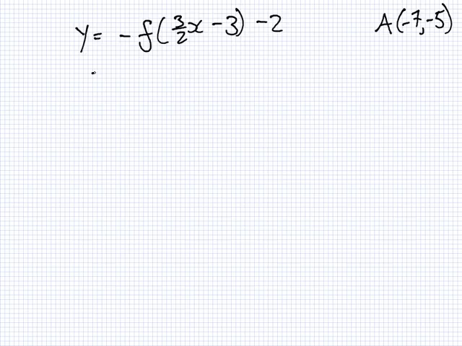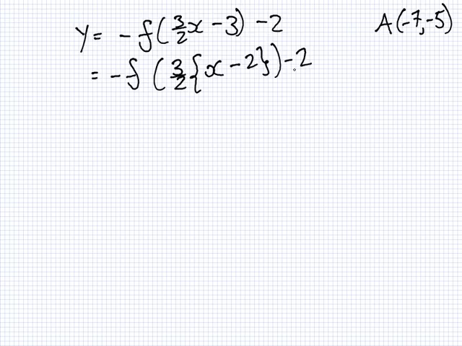So, here we'll write it like this. I should take the 3 over 2 out first. Minus 2. So, your point A is minus 7, minus 5.